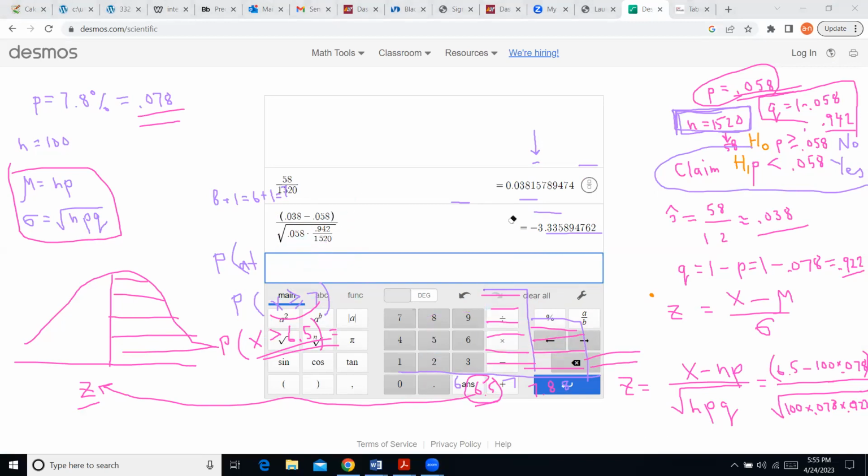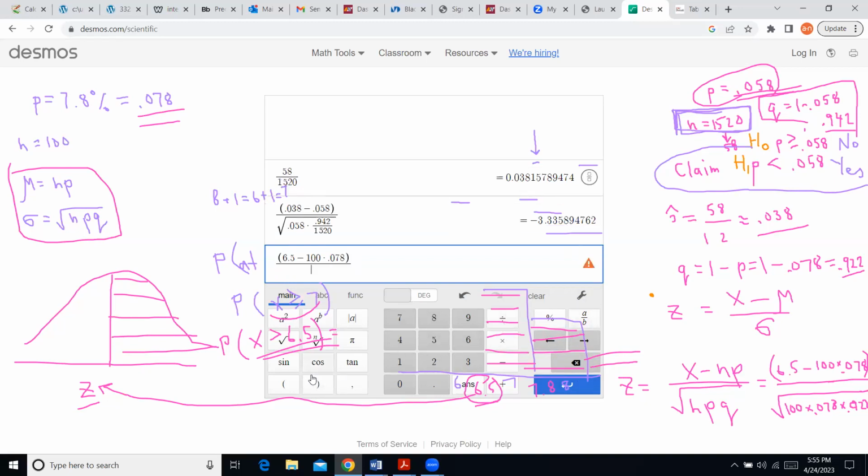Okay, so I put parentheses around my numerator, 6.5. See, we get just enough information. In all of these exercises, they always give you enough information to solve the problem. So if you have extra numbers, then probably something is not set up correctly.